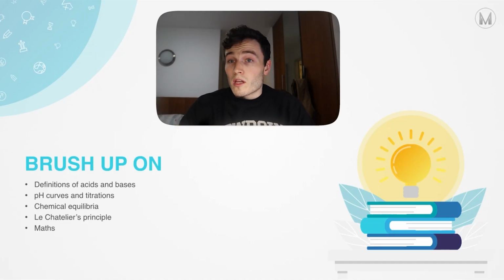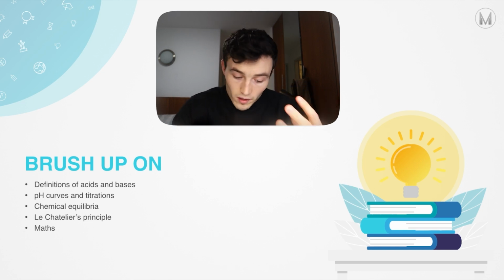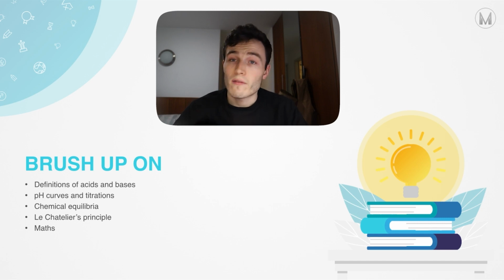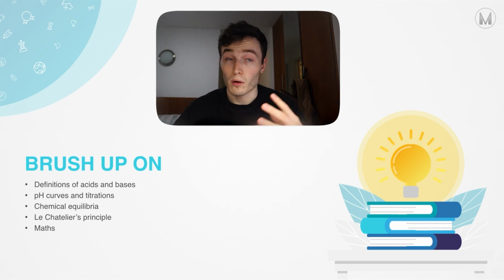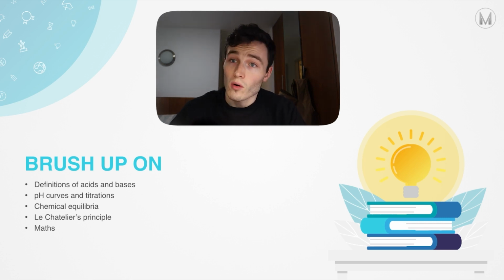So as I say, there are a number of things that you really need to brush up on in order to have a good grasp of this topic in general. So your definitions, your acids, your bases, your proton donors, your proton acceptors, things like pH curves and titrations, right? So how pH might change with respect to the environment that you're in. Chemical equilibria.